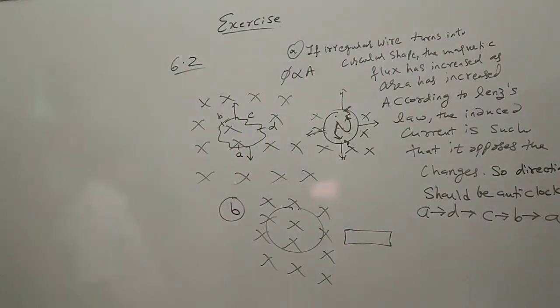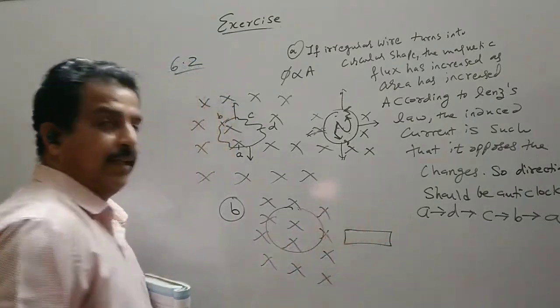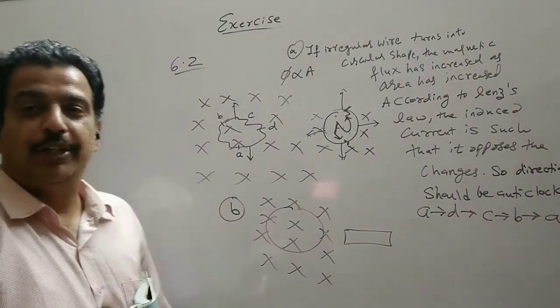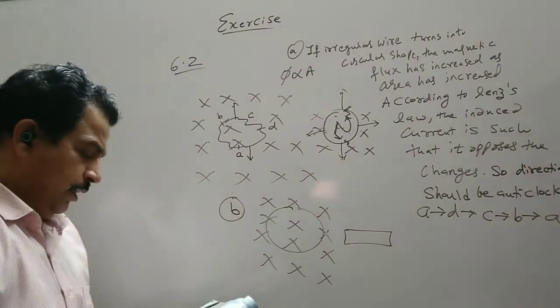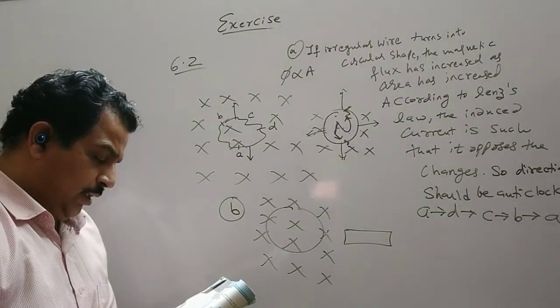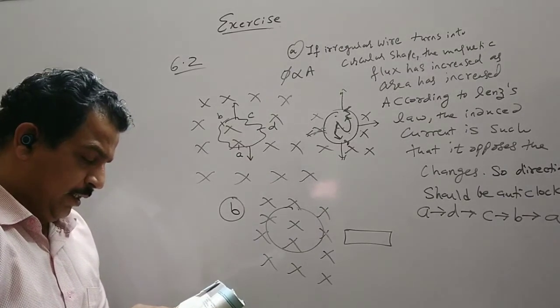Opposite of this, the magnetic flux has decreased. The magnetic flux decreases. That is, the number of field lines going in is decreasing. So current should be induced in such a way that your field lines go inward.